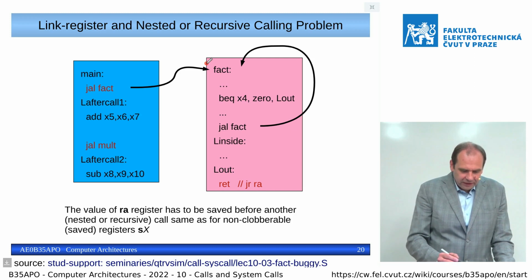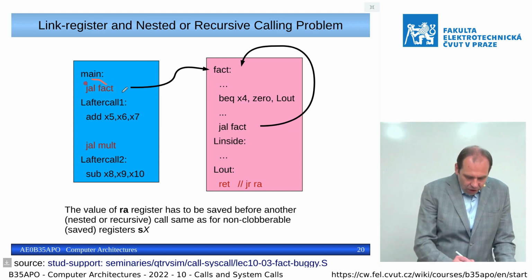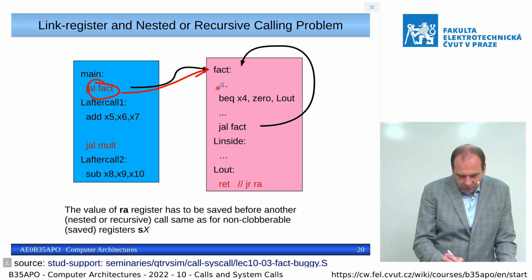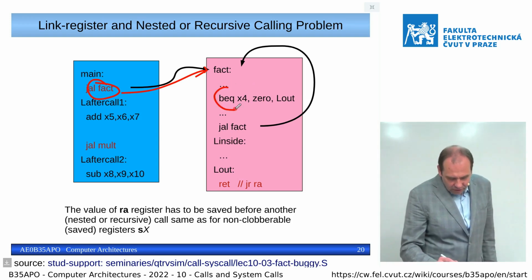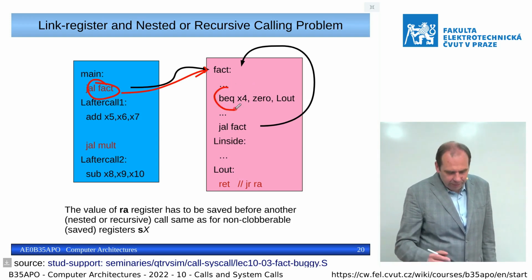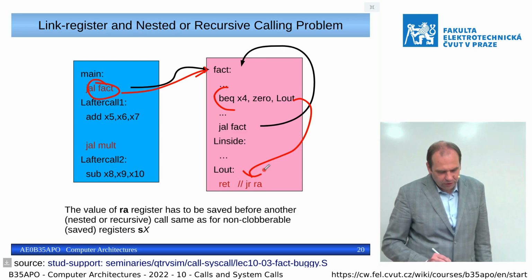So what it means, we call the function factorial, and factorial checks if it is called with, for example, argument 0 or 1, and if it is, then it goes out, so it ends.